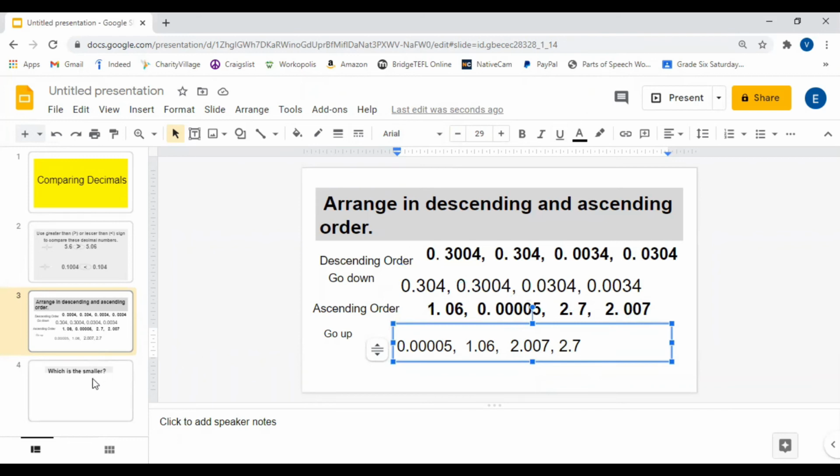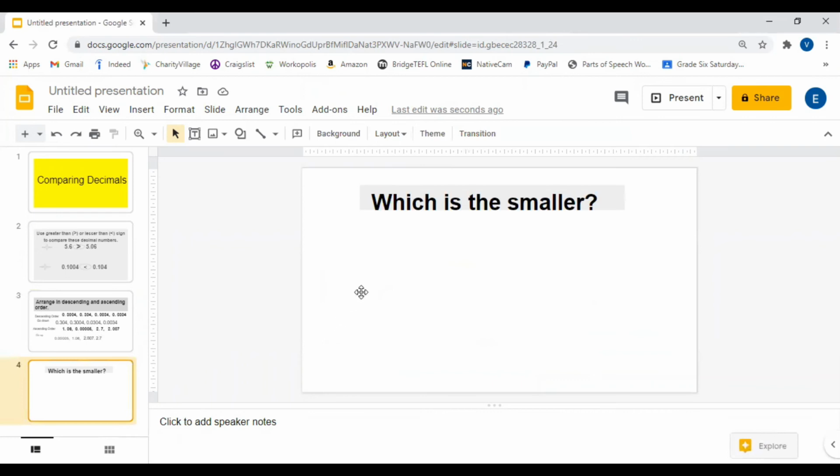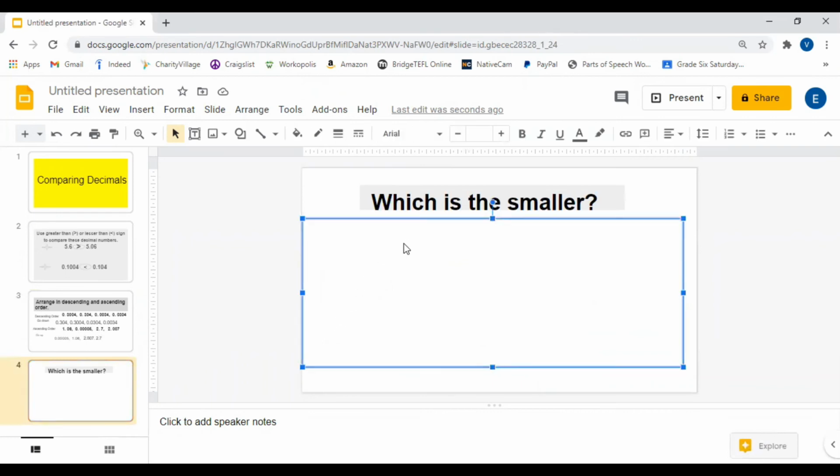Now I'm going to look at this last one, which is smaller. Okay, I'm going to put in 2 numbers here. 0.45, which is smaller, 0.45 or 0.6?